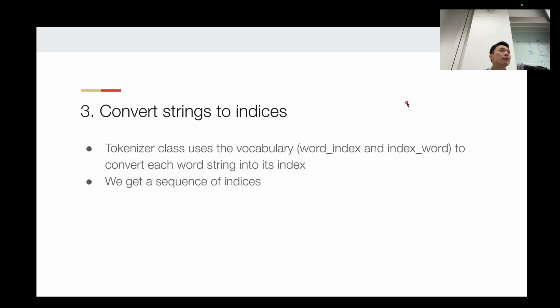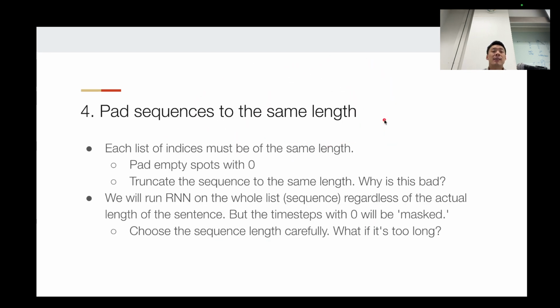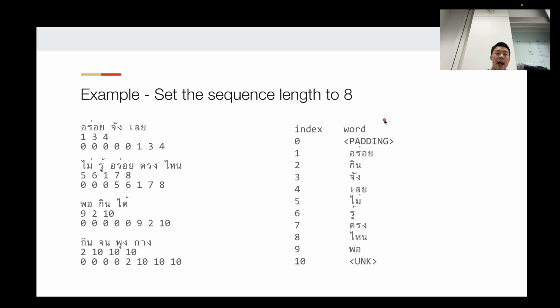Convert strings to indices based on the vocabulary that you just created. So instead of having these strings, you have a list of indices like this based on the vocab that you created. Okay. Padding, truncation. I just talked about that at the beginning of class.